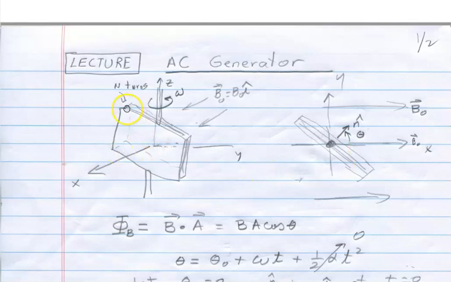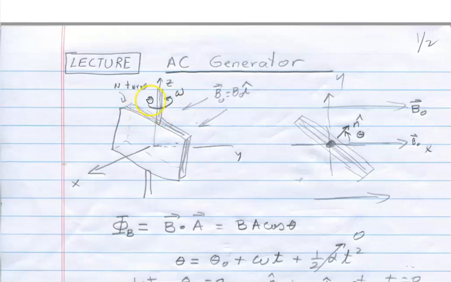I've set things up. I've got a rectangular coil here, wrapped around this. I'll assume that there are N turns in it, so it's wrapped N times around. And I've gimbaled it here so that it's free to rotate about the Z-axis.